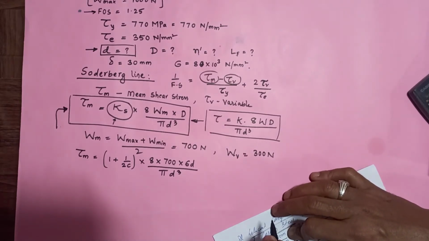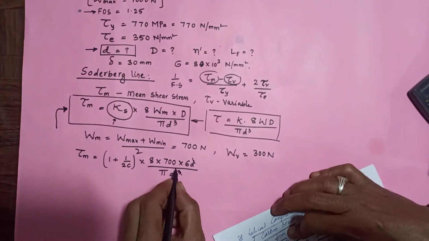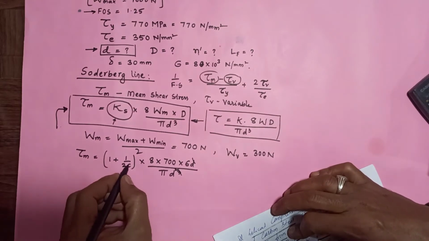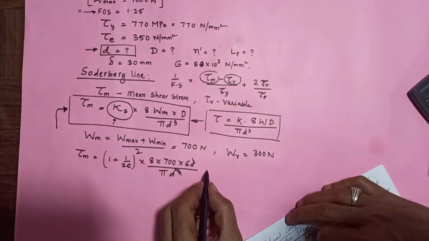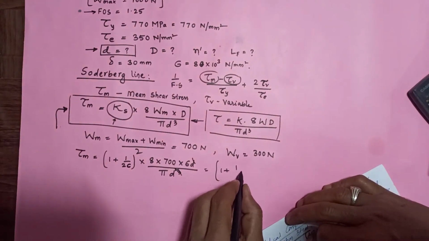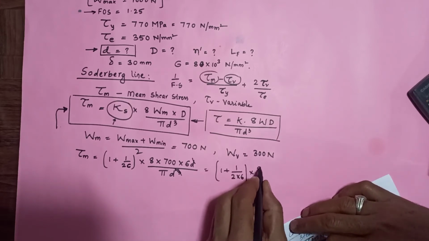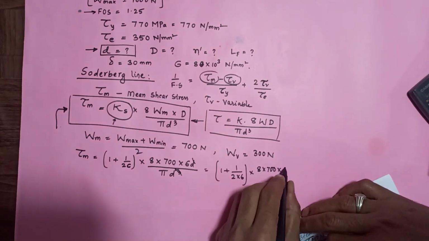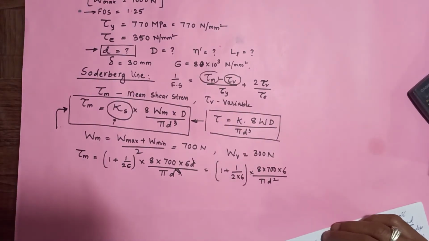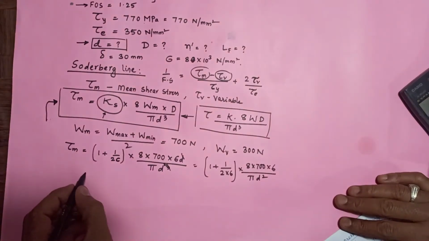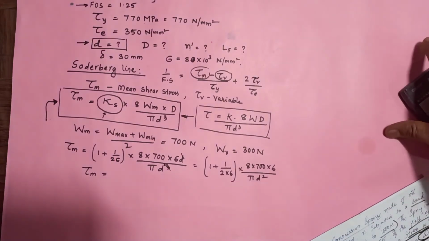Now this D and D1 cancel, so the remaining will be D square. Now you substitute the value of C in the equation. So you will have 1 plus 1 by 2 times C value, which is given as 6, into 8 into 700 into 6 by pi D square. So you will get this equation for the tau mean shear stress.